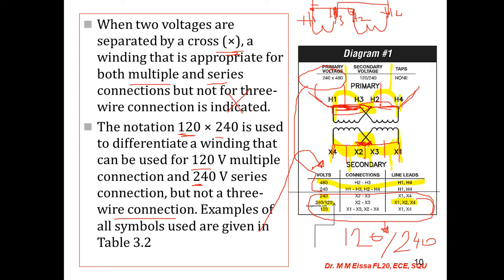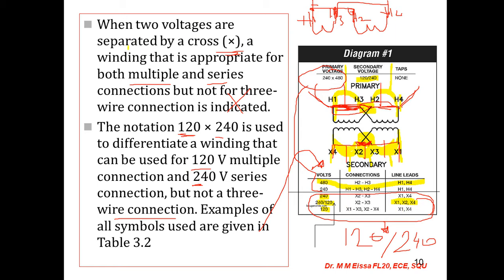So when I write 120/240, it means we have three connections, as we mentioned before: the connection concerning 240, the connection concerning 240/120, and the connection 120. And for each connection, you can get it with X and the output leads.